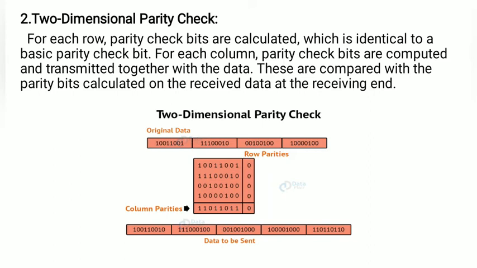Here in this example, the original data is 1001101. Then divide this block into rows and columns: first an 8-bit block, then second, third, and so on.